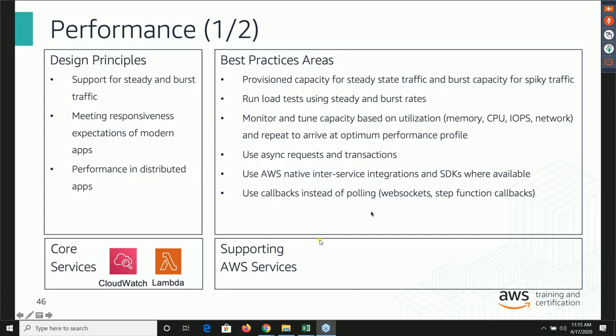So the idea here is that you have to worry about both steady state as well as burst state. When you set this up, you have to load test it, monitor the application performance and behavior, and tune the capacity based on the utilization.